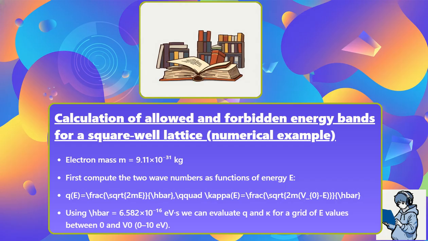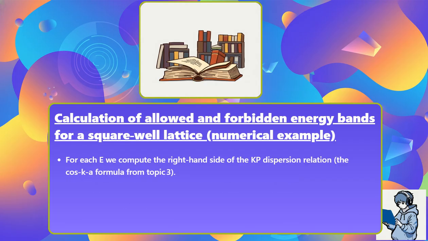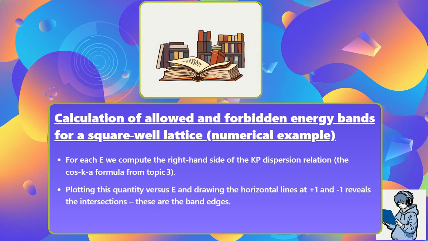Using h bar equals 6.582 times 10 to the minus 16 electron volt seconds, we can evaluate q and kappa for a grid of E values between 0 and V0, 0 to 10 electron volts. For each E, we compute the right-hand side of the Kronig-Penney dispersion relation, the cosine k formula from topic 3. Plotting this quantity versus E and drawing horizontal lines at +1 and -1 reveals the intersections. These are the band edges.